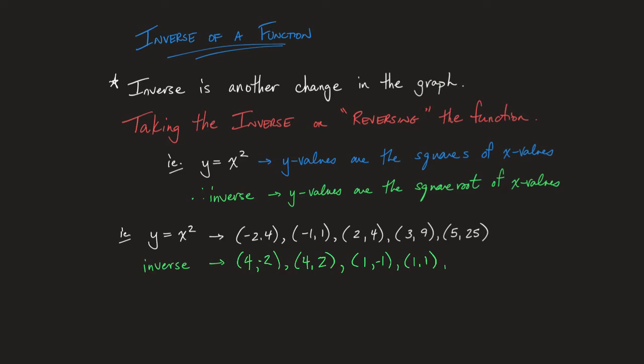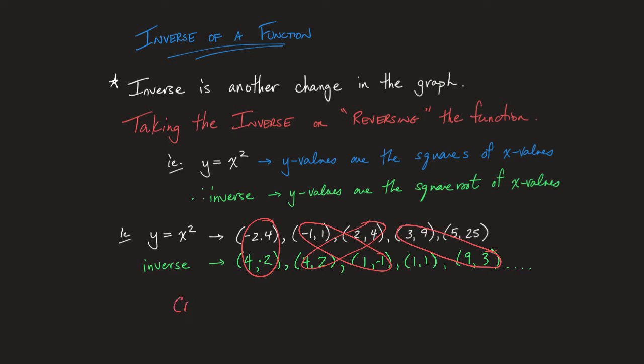Well, if my x value was 9, the square root of 9 would be 3, or -3, and so on and so on. Maybe we can see a little pattern in our points. I'm going to circle some of those points now so that we can see a pattern.